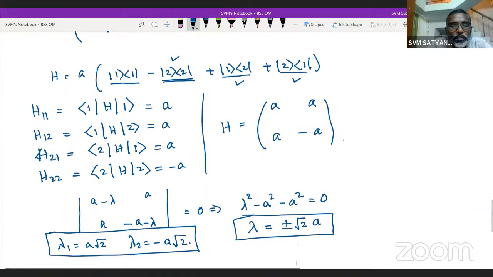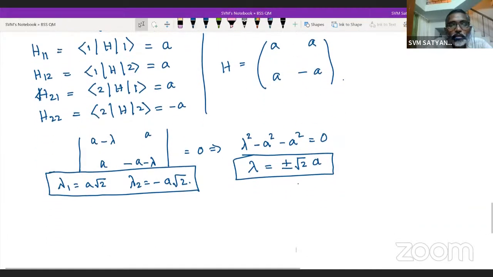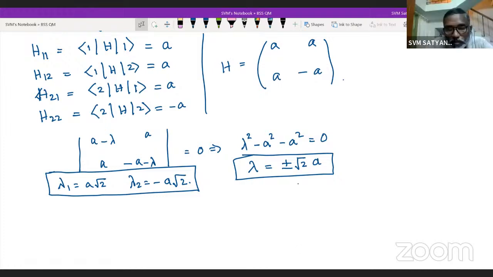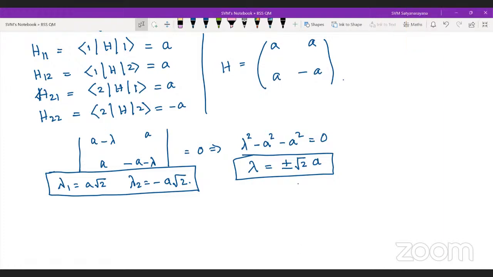Okay, is that clear so far? Any question? Yes, I was thinking, by inspection, can we write the eigenvalues? If we know the Hadamard operator, and we pull out A, then it will be 1, 1, 1, minus 1. Correct. A is like 1 by root 2 for the Hadamard operator, and for the Hadamard operator we get plus minus 1.